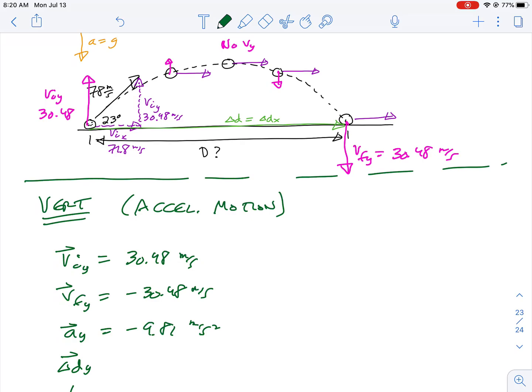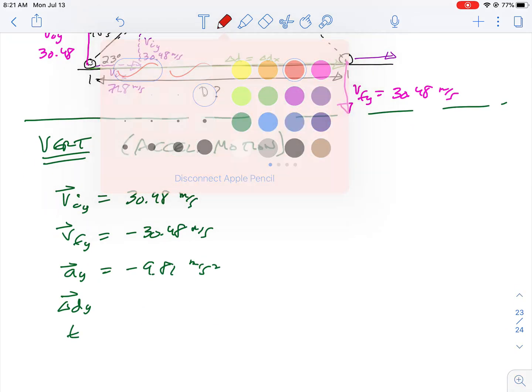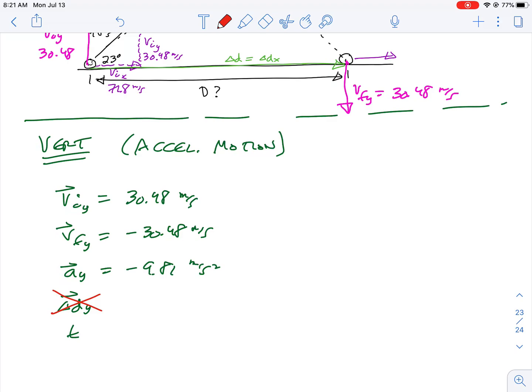Do you know what delta dy is? Turns out we do. There is no delta dy. It is entirely horizontal. So the delta dy is actually 0. But it turns out that even though we know this, we don't need it to solve this question. So I'm just going to leave that. And remember, we need to figure out this time so we can bring that back to the horizontal analysis.